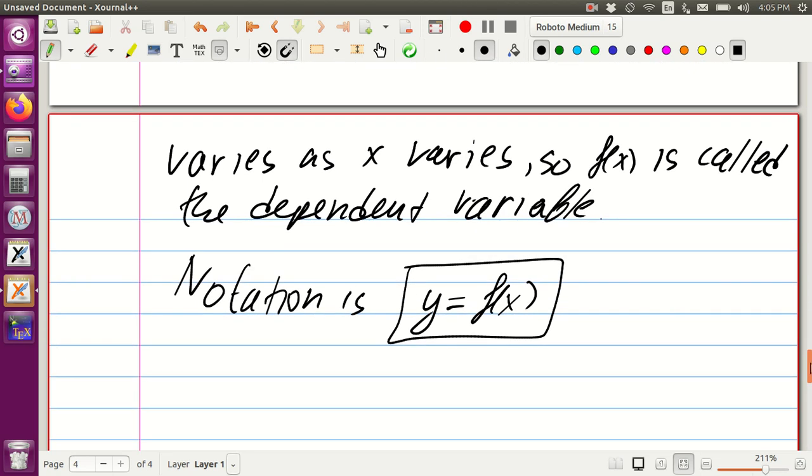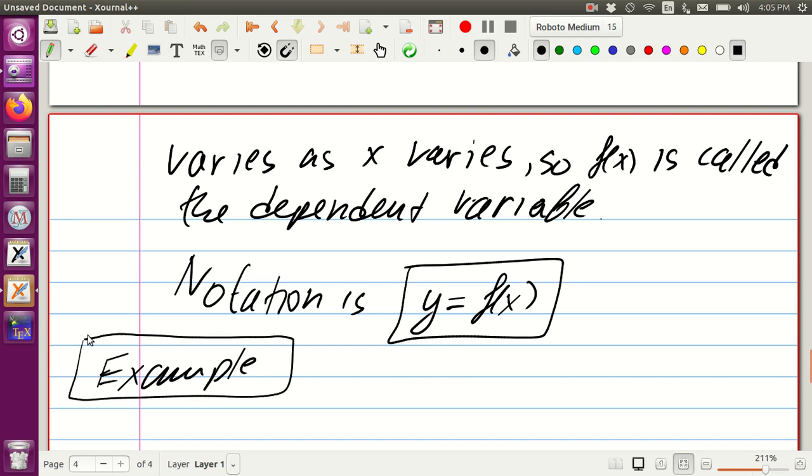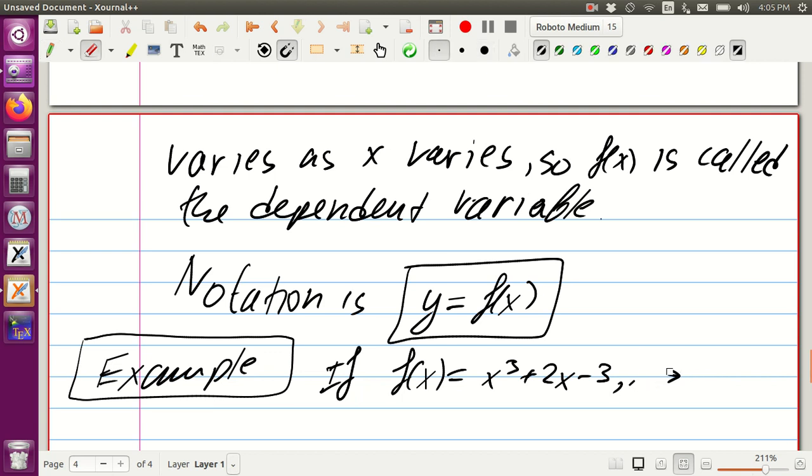And a small example to finish the lecture. If f of x is equal to x cubed plus 2x minus 3, x is the independent variable.